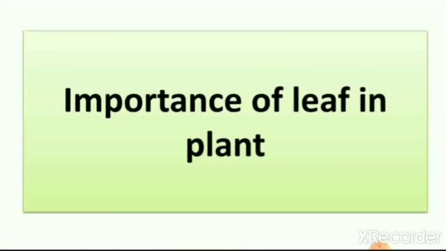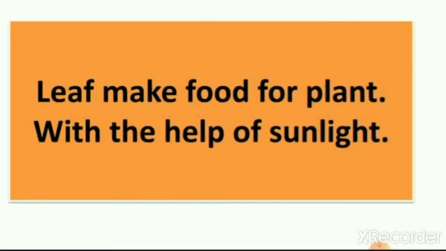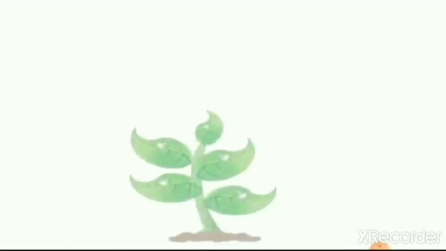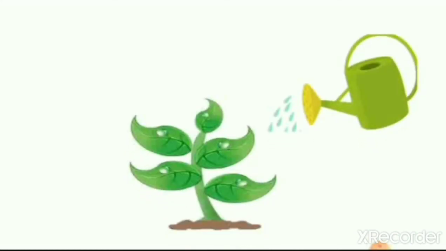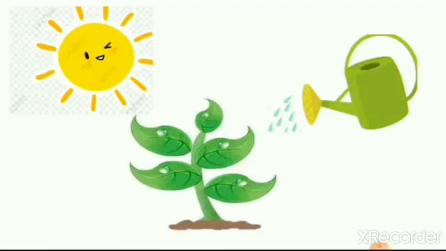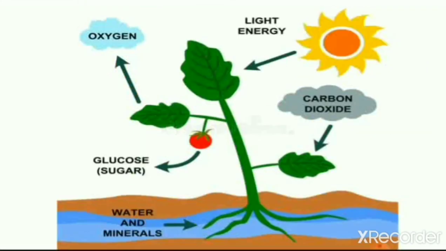Importance of leaf in the plant. The leaf makes food for the plant with the help of sunlight. How? In one picture, we are watering it and we give it sunlight. Then these three things make food for the plant.